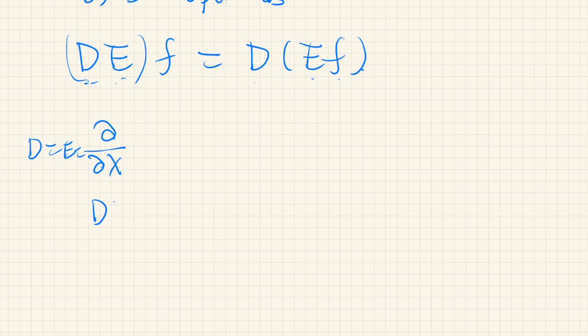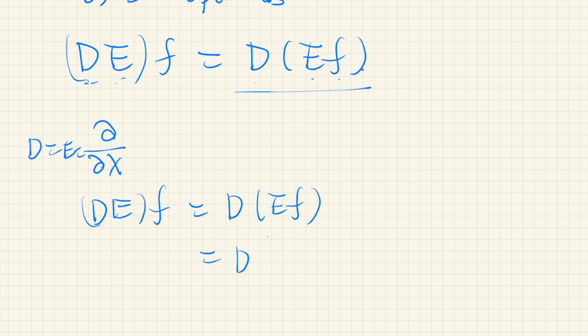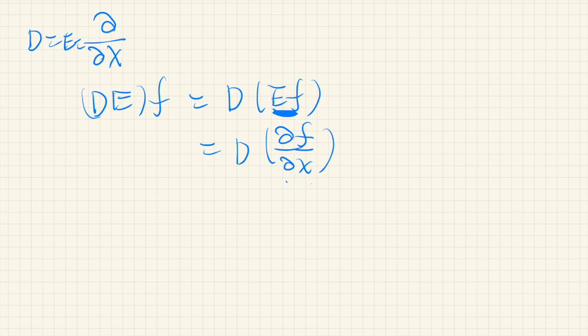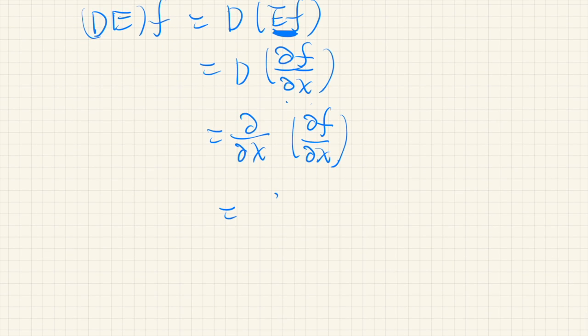So d e f means, by the definition, we have this. So first we apply inside here, so that is this. So partial derivative with respect to x, but d is also the same thing. So in this case, it becomes the second derivative with respect to x.